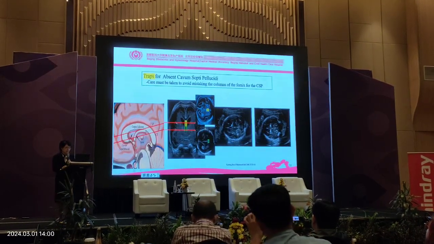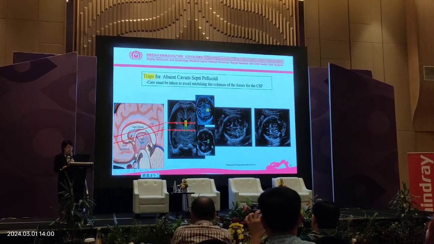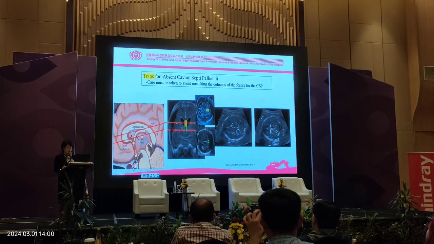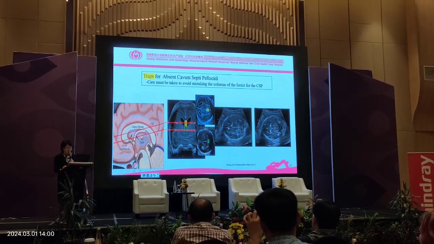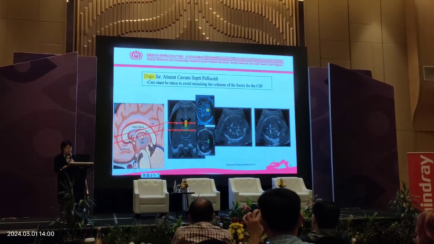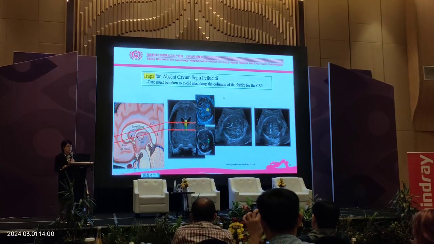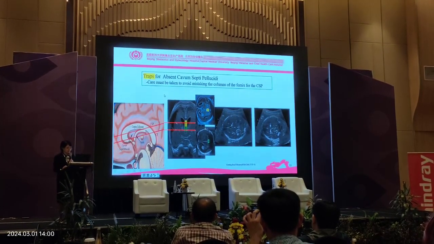We can see 3 echogenic lines here, 3 lines here, and the fornix also doesn't contain fluid inside. But for the CSP we can see 2 echogenic lines here, and inside we can see fluid. So it's different. So take care to avoid the mistake.